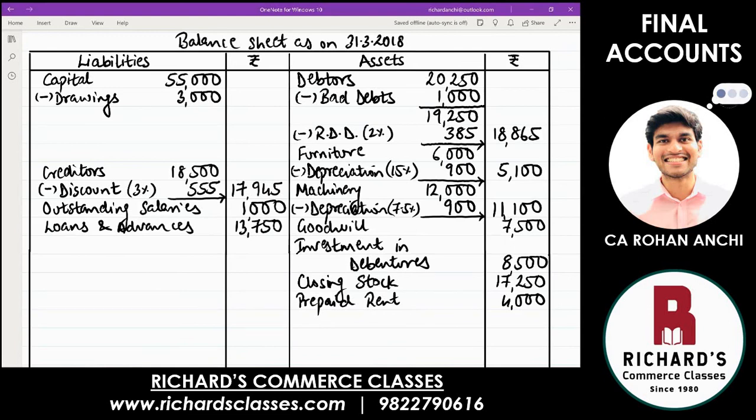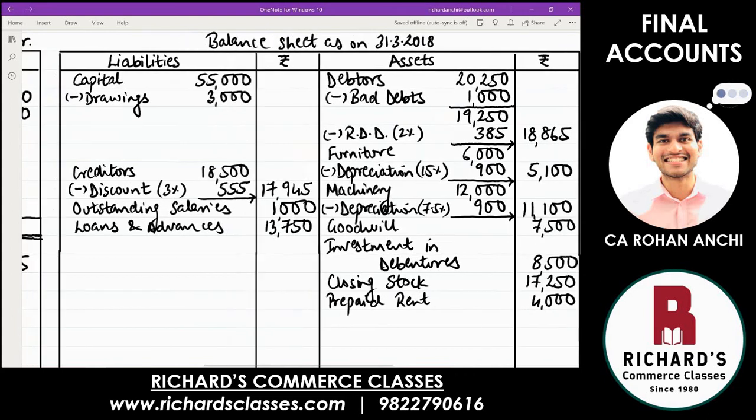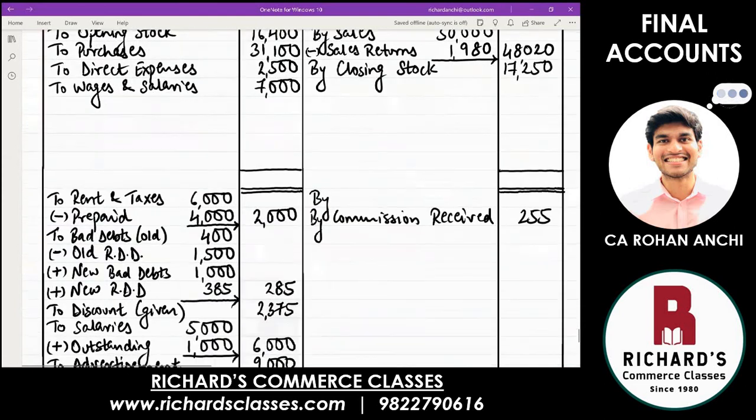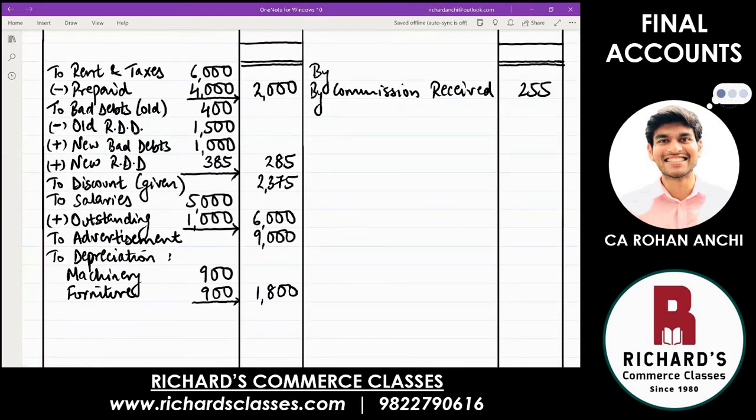So if you see, the value of creditors has reduced. Instead of paying 18,500, in future we will be paying only 17,945 because we have earned a discount of 555 rupees. That is our income. So let's record income then. One effect is here. The second effect, in profit and loss account credit side, how you have commission received.